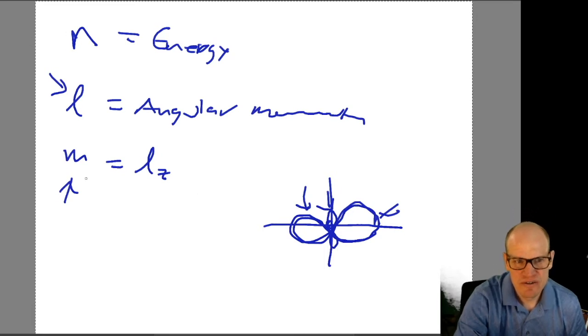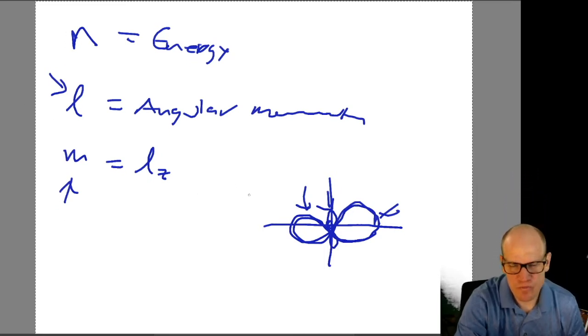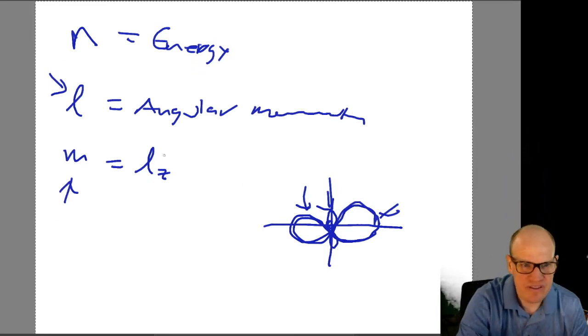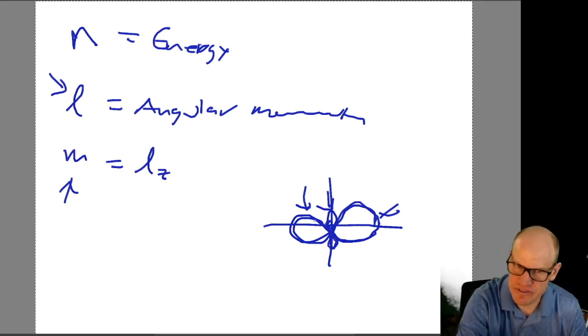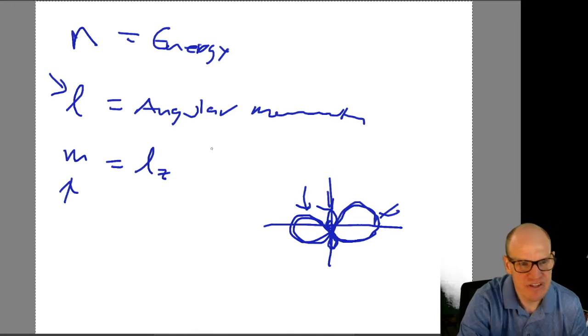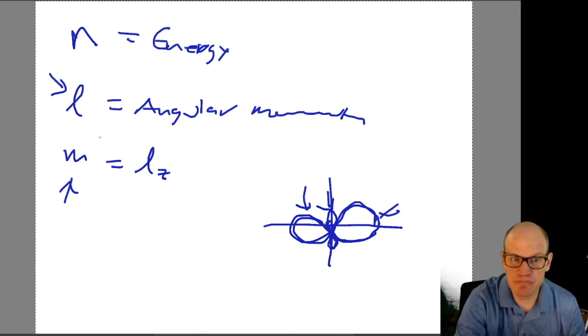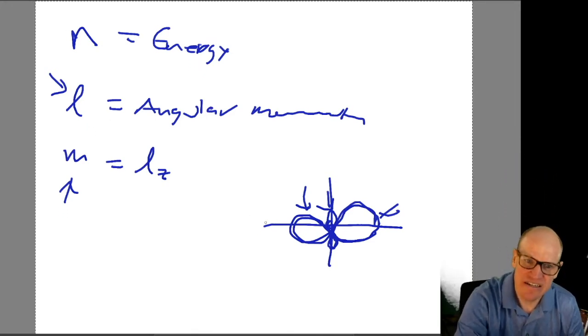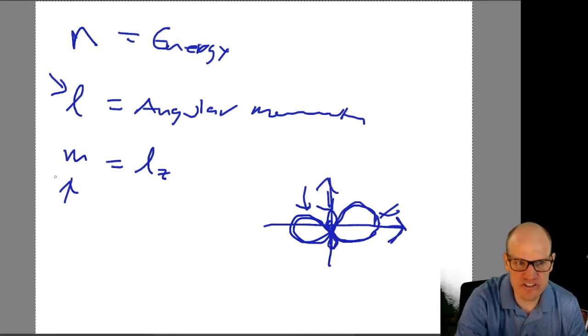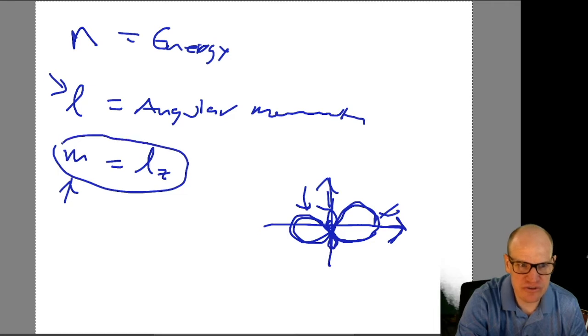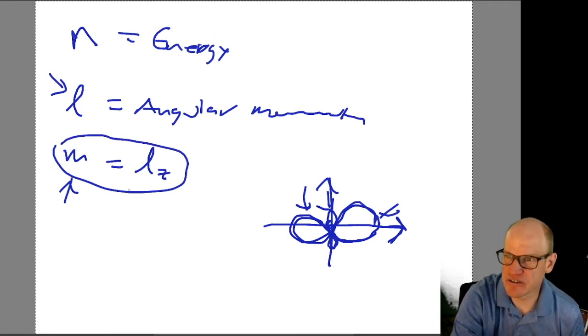So when you add another node to the system, that corresponds to some amount of angular momentum available to you in that system. That angular momentum can be partitioned between the x-axis, the y-axis, or the z-axis. This quantum number tells you how much of that momentum is projected along the z-axis.